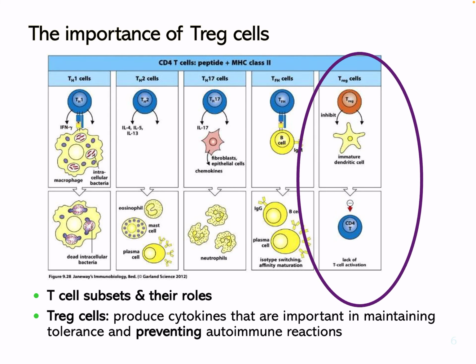So again, we mentioned our T regulatory cells, which are extremely important. These T regulatory cells produce cytokines, like we talked about, TGF-beta and IL-10. So let's write that down. So like TGF-beta, and IL-10. And these are important in maintaining tolerance and preventing autoimmune reactions.